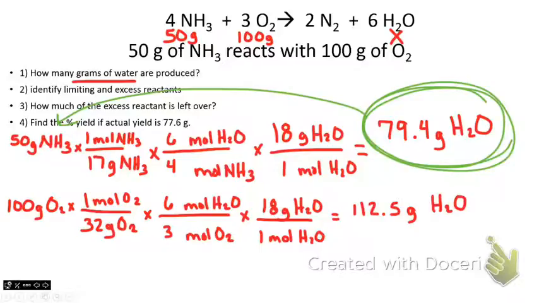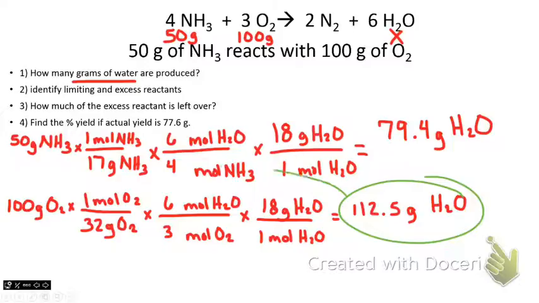I have enough NH3 to make exactly 79.4 grams of H2O and not one teeny bit more. Yes, I have enough O2 to make 112.5 grams of water, but I can't. Why? Because I'm running out after the 79.4 grams is made of water.